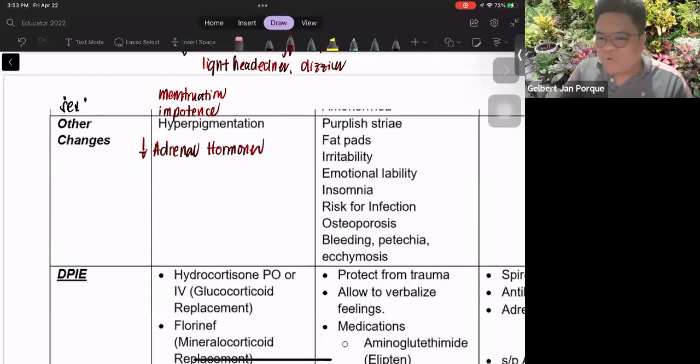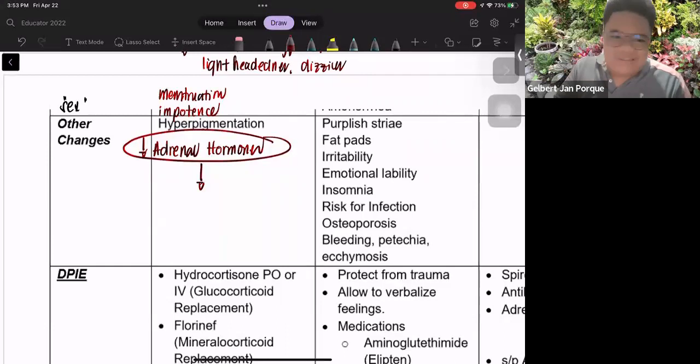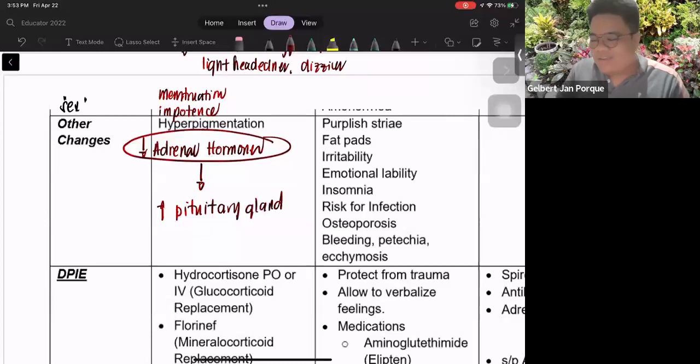Sino nga gland ang mag-push? Before the melanin. Okay, very good, class. Your pituitary. If the adrenal hormones are decreased, pituitary would sense it. And then there will be increased pituitary gland action, an increased pituitary gland function.